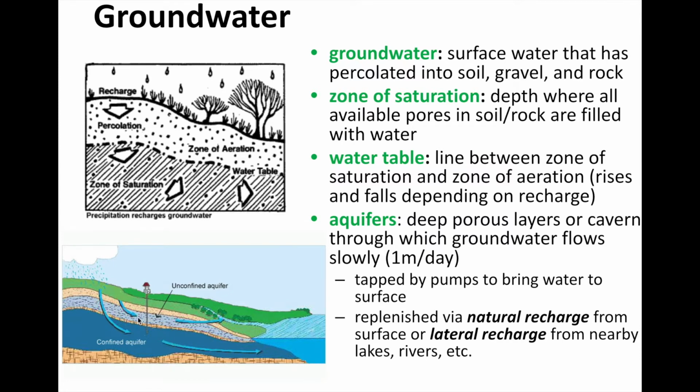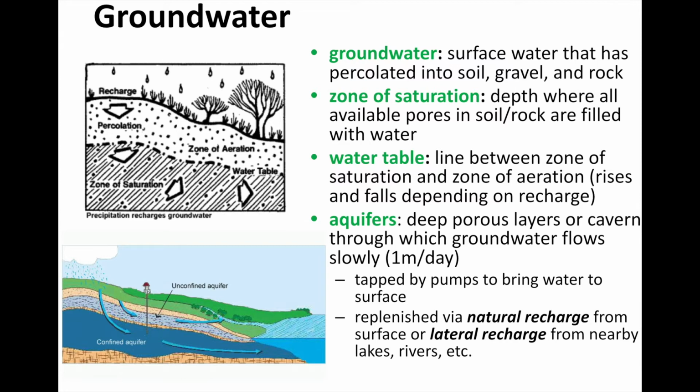Here's our unconfined aquifer here. And so natural recharge comes from the surface. Lateral recharge may come from nearby lakes and rivers, and basically recharge the amount of water in that aquifer by having water move laterally. It's still going to be moving downhill.